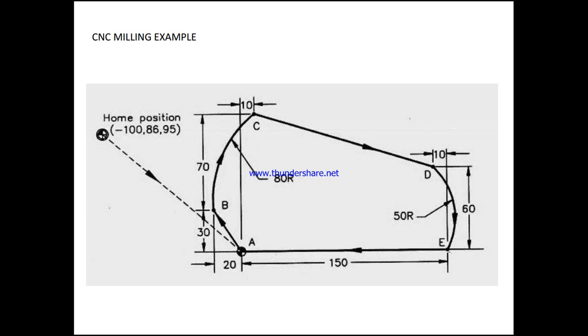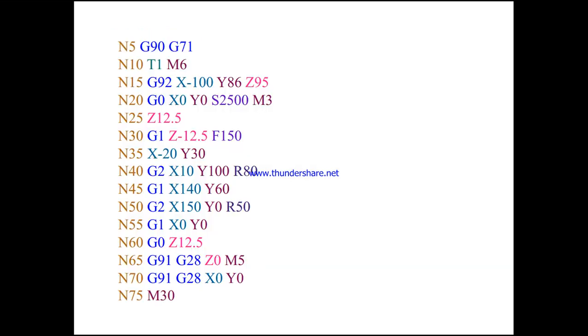First, N5 G90: N5 is the sequence of operation, and G90 is absolute positioning. G71 is in metric units. N10 is the tool change to T1.